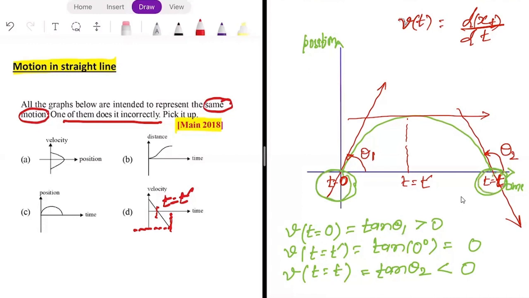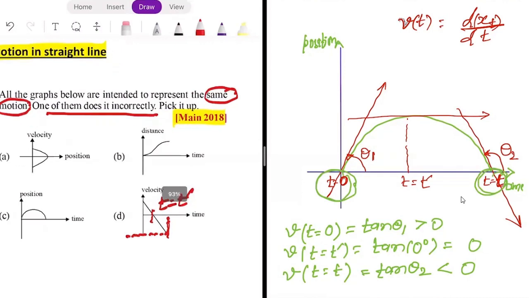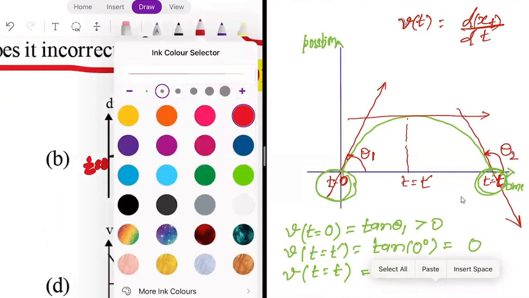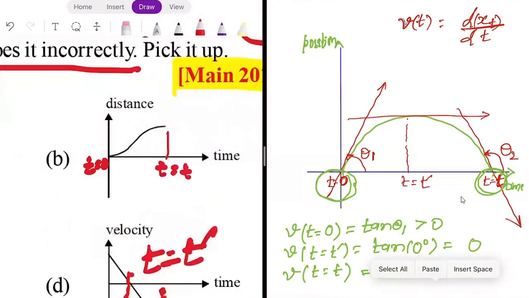Now you quickly look at option B here, which is a distance time graph. And if you take a derivative dx(t) by dt, it gives you an instantaneous speed. But can you see any point between t equals 0 and t is equal to T where your speed is becoming zero? Absolutely not.